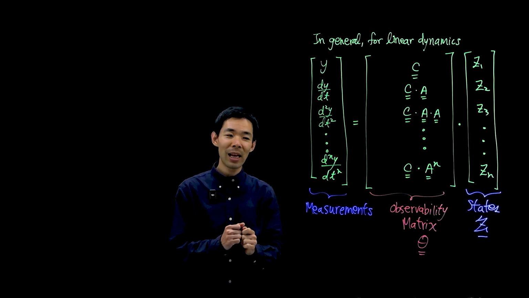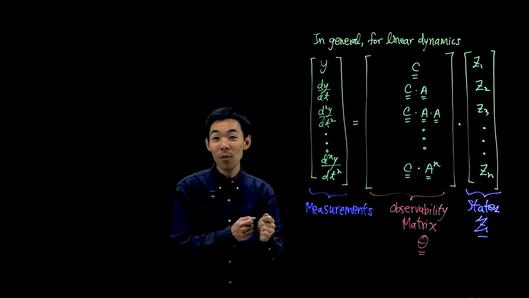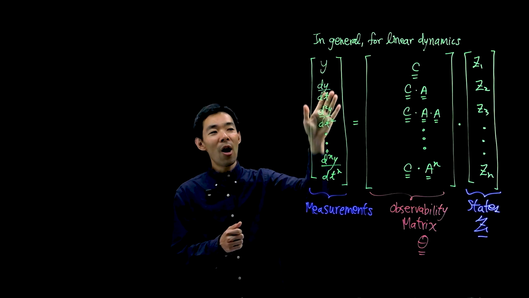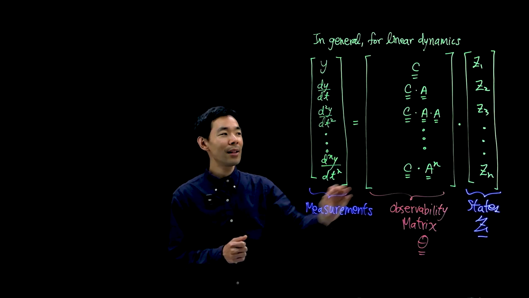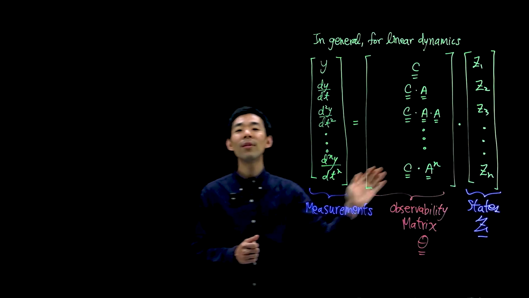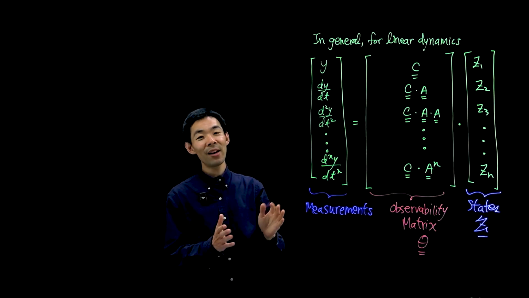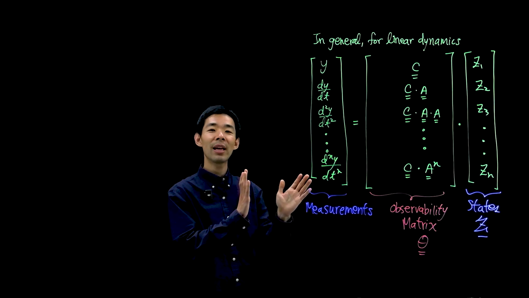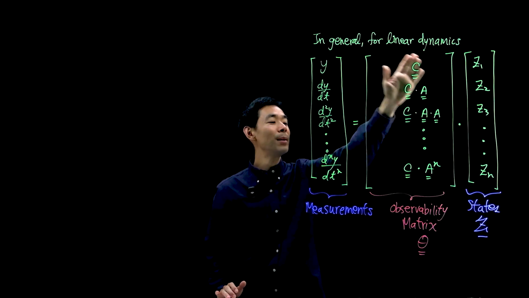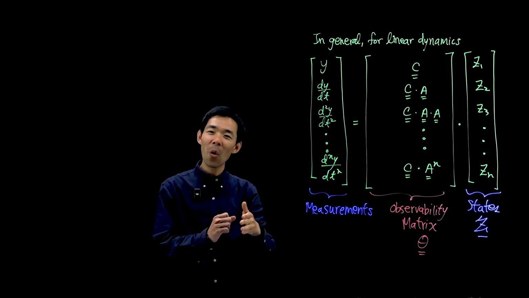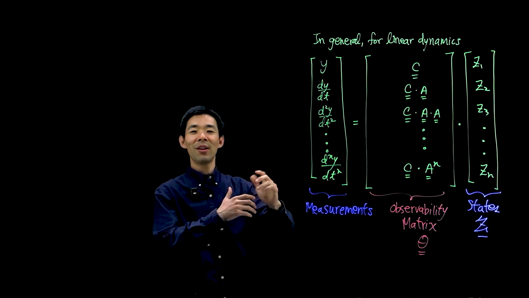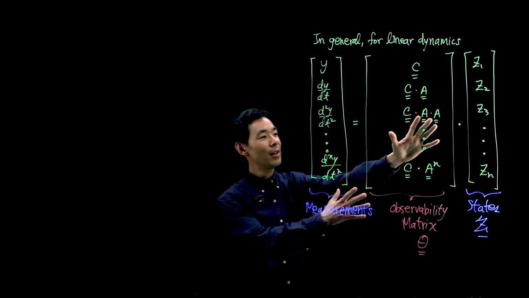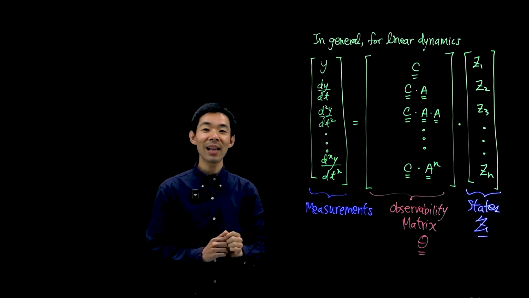So for nonlinear dynamics, there's not really a rule that will tell you how many measurements you can make that will uniquely determine all of your unmeasured states. But for linear systems, you are guaranteed that if your observability matrix is full column rank, you can invert it, you can bring this matrix onto the left-hand side.